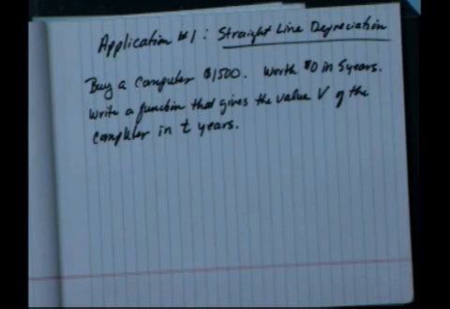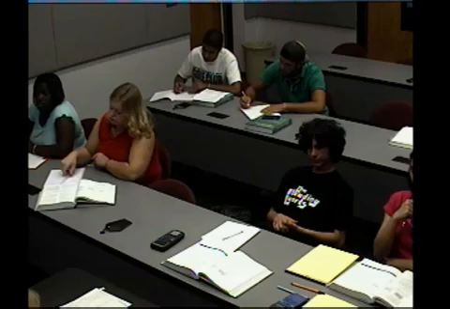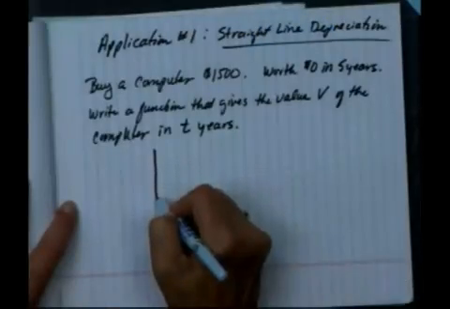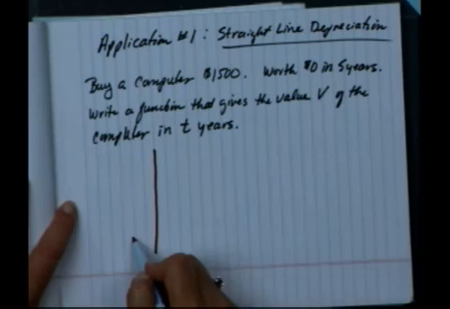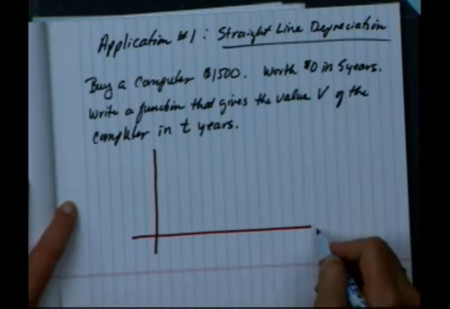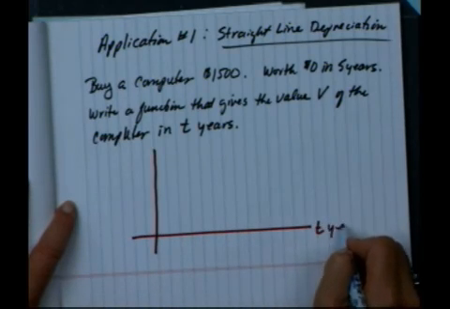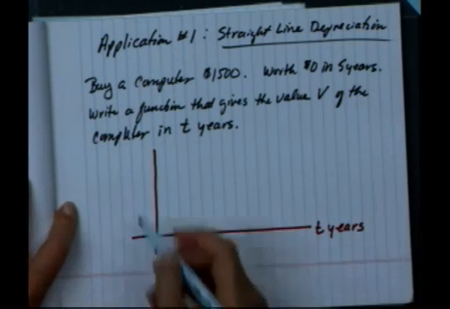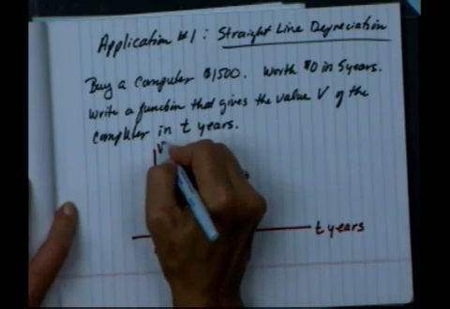By the way, if this computer is only going to have some value for 5 years, what's my restricted domain? 0 to 5, right? 0 years is when you buy it. 5 years is when it's worth nothing. So you're only interested in between 0 and 5. Does that make sense? All right, so let's just draw this and see what it looks like. They're telling us that it's a straight line depreciation, or at least your book does. Along this axis, we have T years. Along the y-axis, we have value.